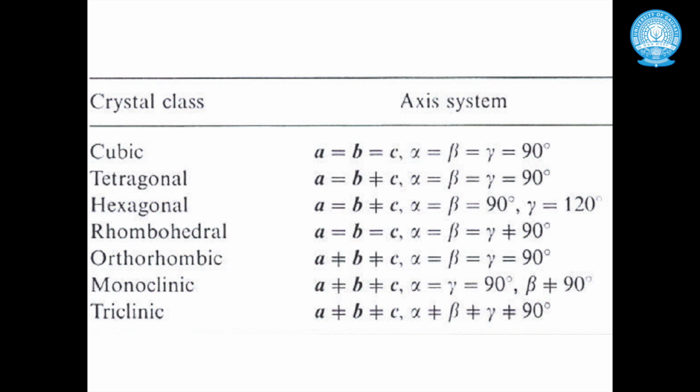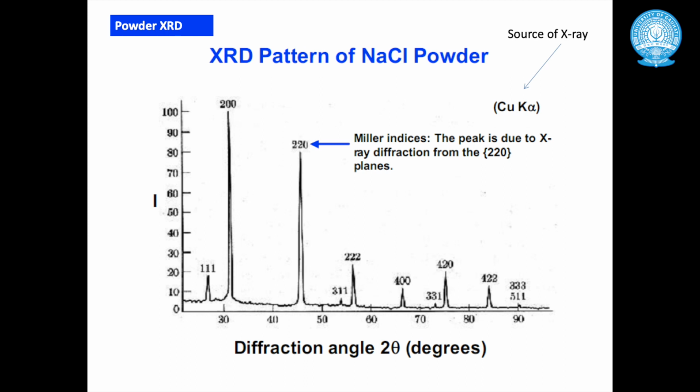X-ray diffraction can be obtained from a powder sample and from a crystal sample. The powder sample will be analyzed using a powder X-ray instrument. This is a different type of method.